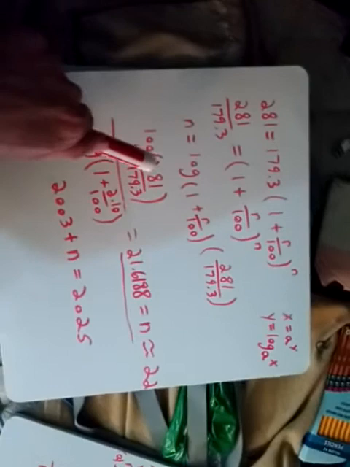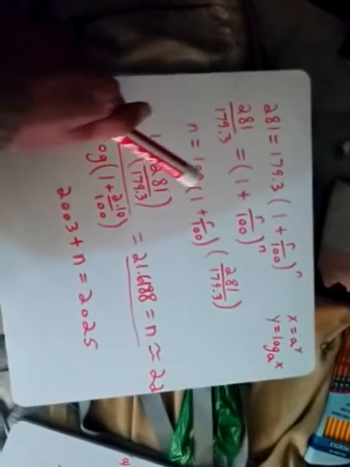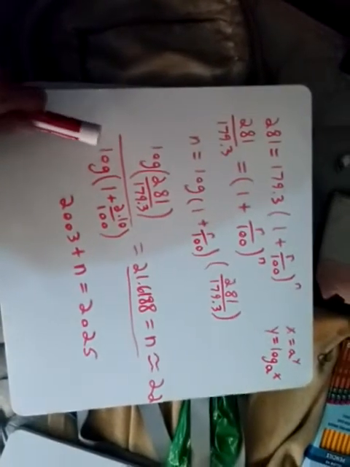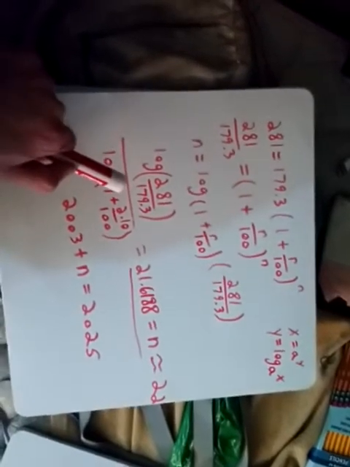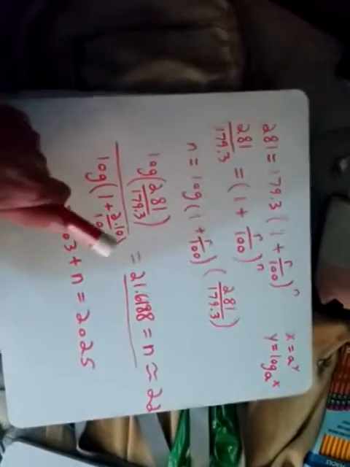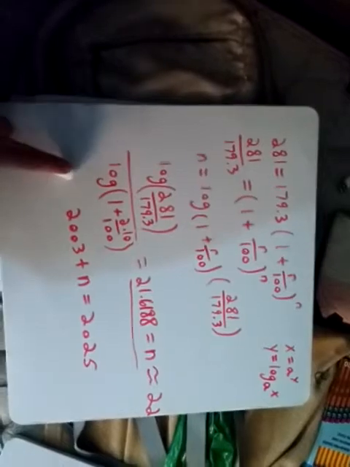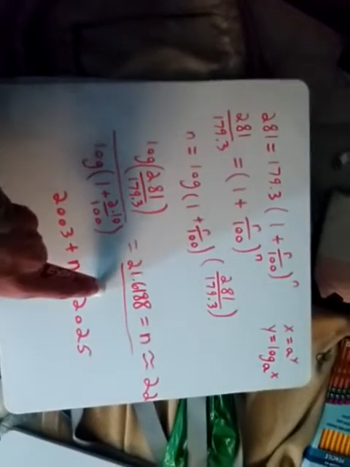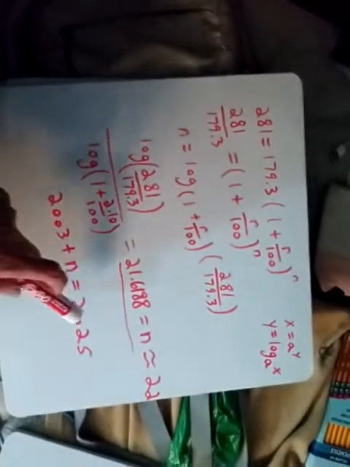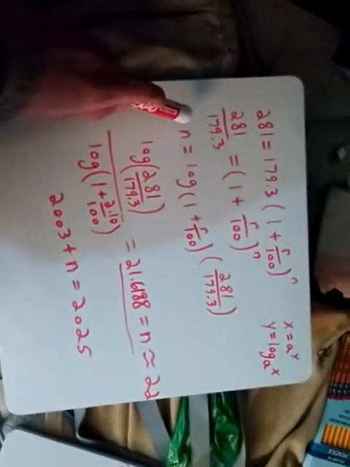So I'm going to take log of (281 divided by 179.3) divided by log of (1 plus 2.10 over 100). When I plug that into the calculator, it gives me a value, in this case 21.6188, which is approximately equal to n.